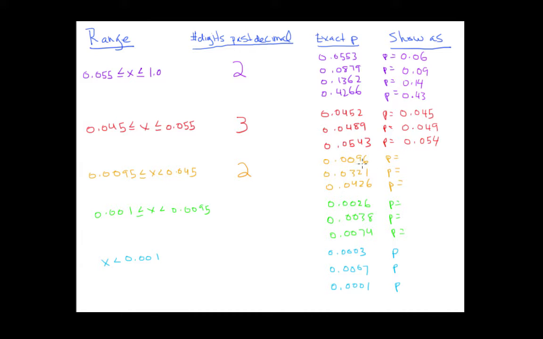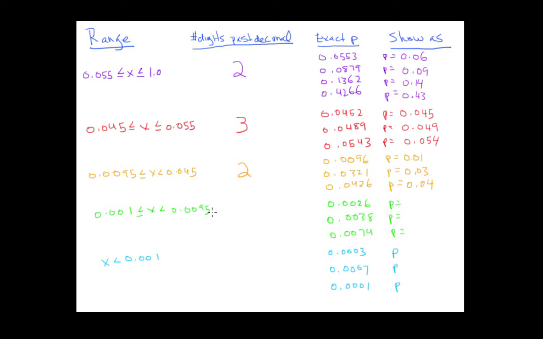So even though it's down to a third digit over here, if you round it, it goes to 0.01, and I would show it as such. This is 0.03, and this is 0.04. Again, that gives you enough information for what you need.